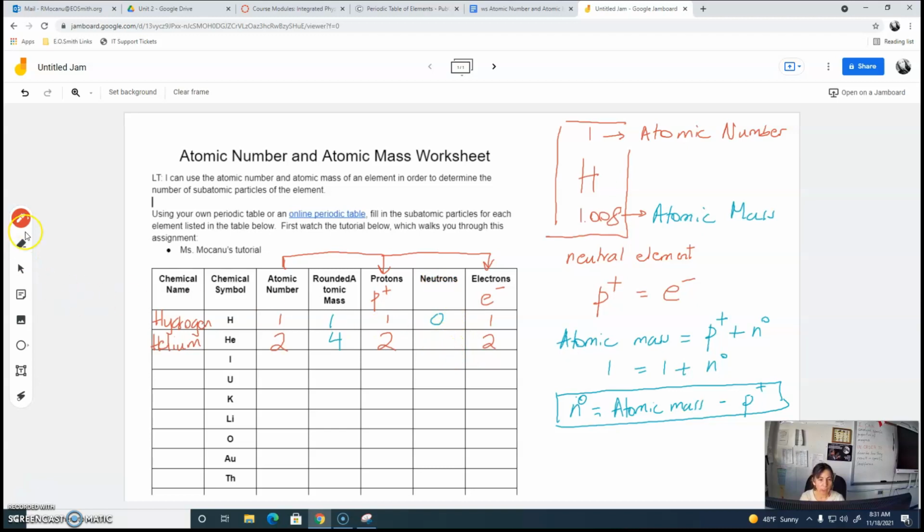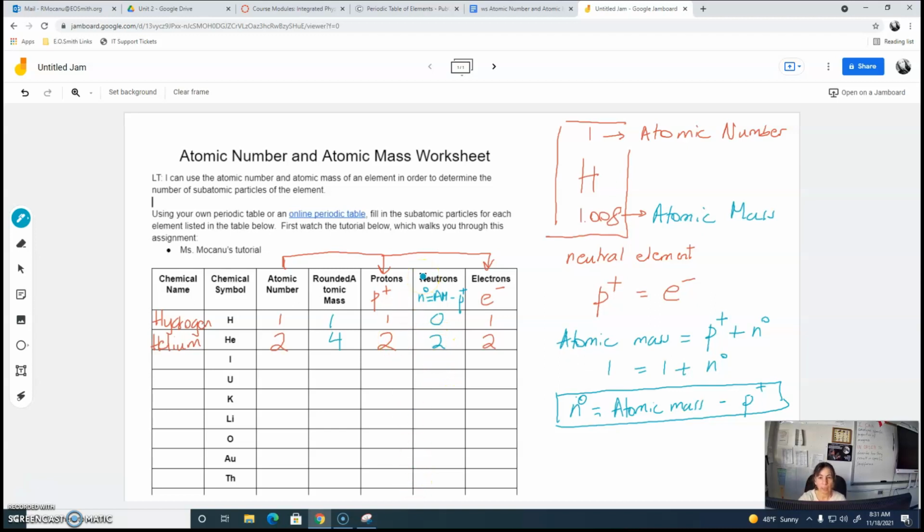So now I'm just left with this column where I have to find my number of neutrons. Well, I know that neutrons is equal to simply atomic mass minus the number of protons. So I can write that little equation right here so I can easily find it. Atomic mass in this case is 4. Number of protons is 2. 4 minus 2 equals 2.